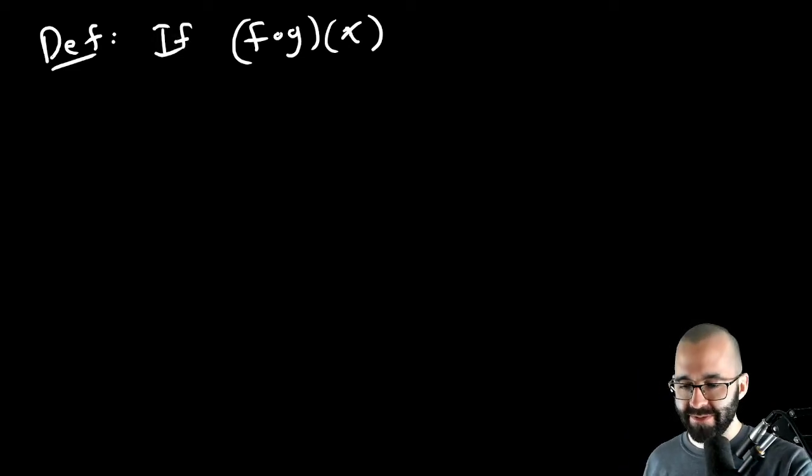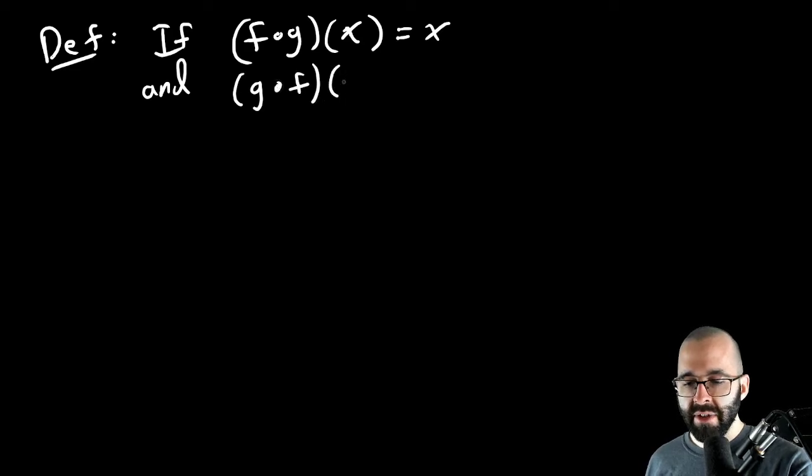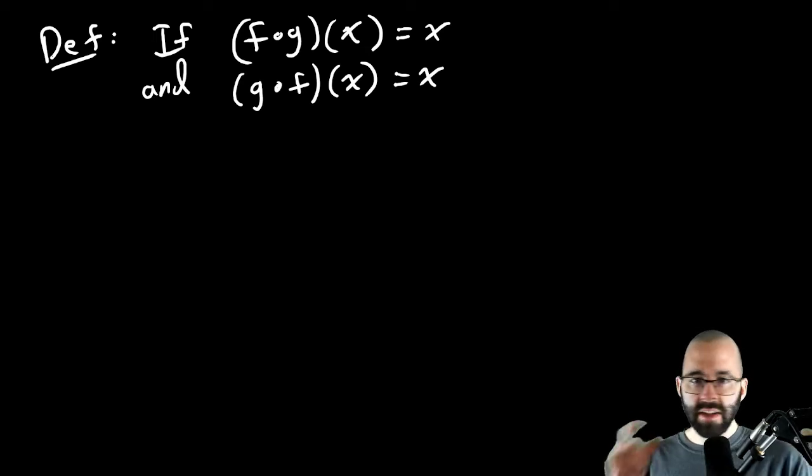So if f of g of x equals x, and that's very important, g of f of x also equals x. So it doesn't matter which way we compose these functions.